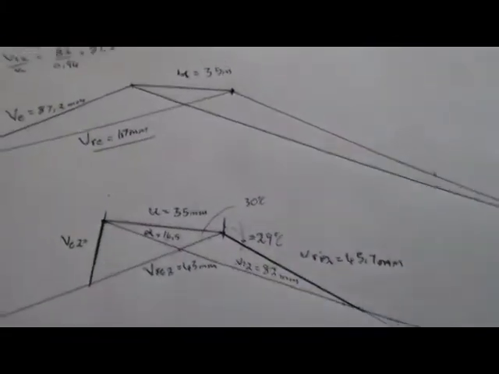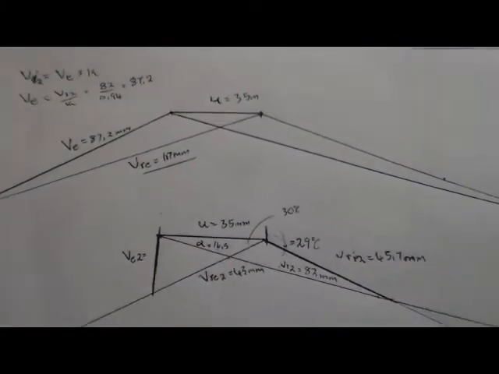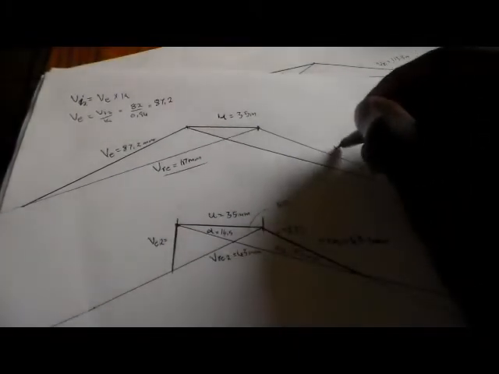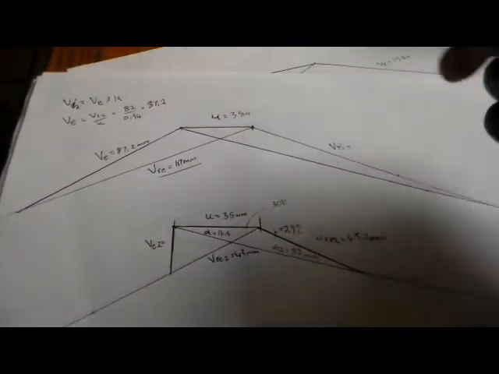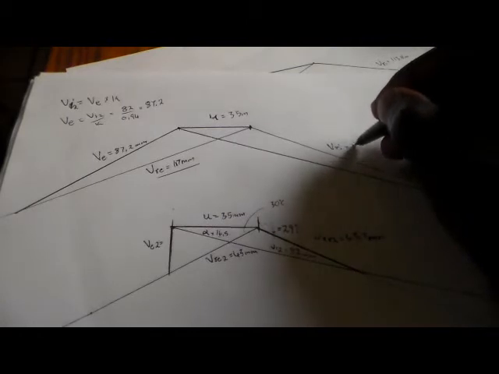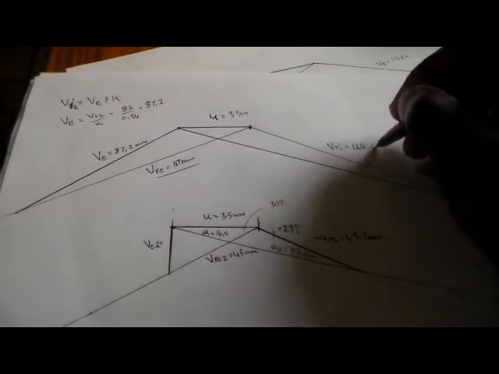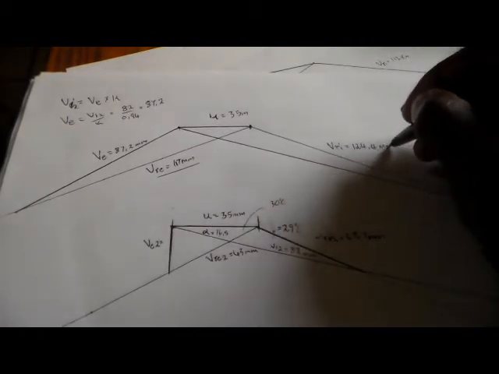Okay, now our velocity diagram is complete. So this is VRI1, which is equal to 124.4 millimeters.